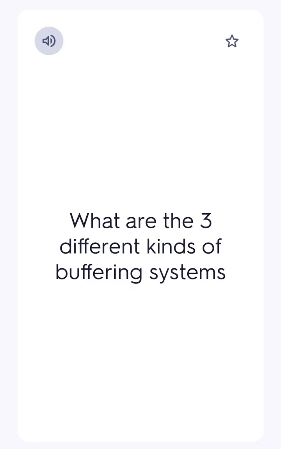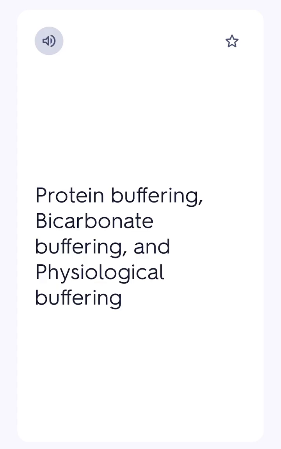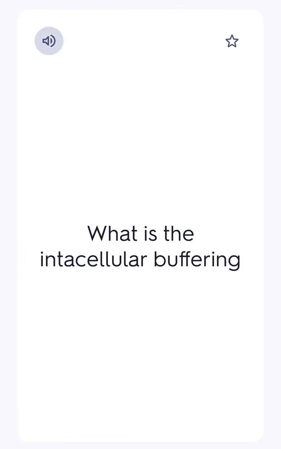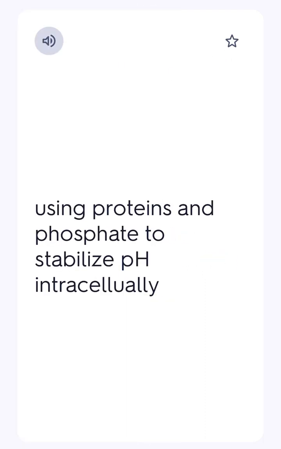What are the three different kinds of buffering systems? Protein buffering, bicarbonate buffering, and physiological buffering. What is the intracellular buffering? Using proteins and phosphate to stabilize pH intracellularly.